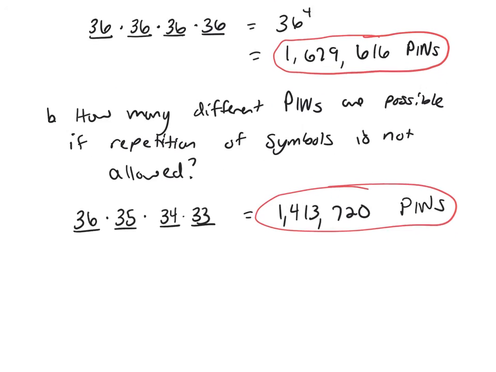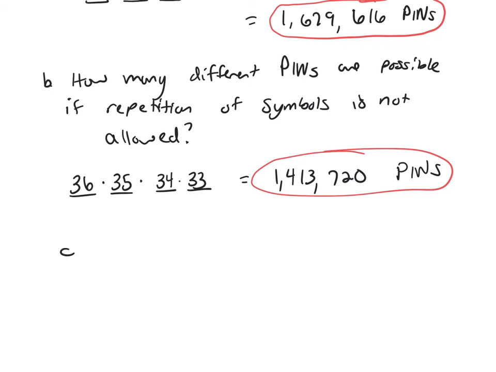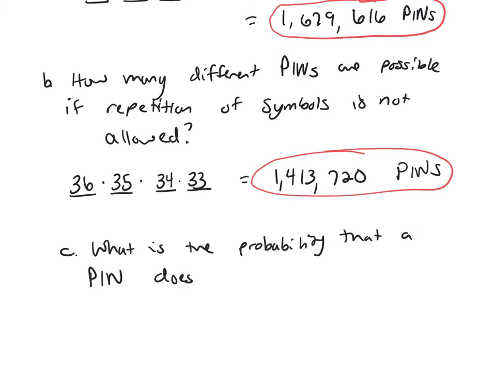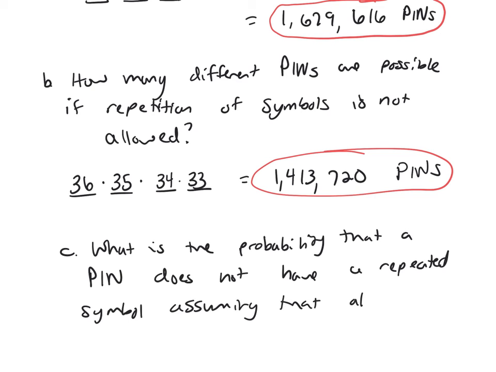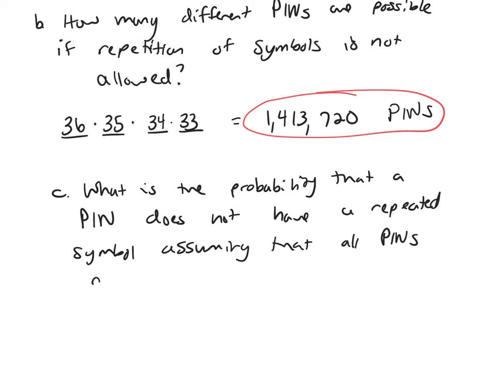And part C, what is the probability that a pen does not have a repeated symbol, assuming that all pens are equally likely?